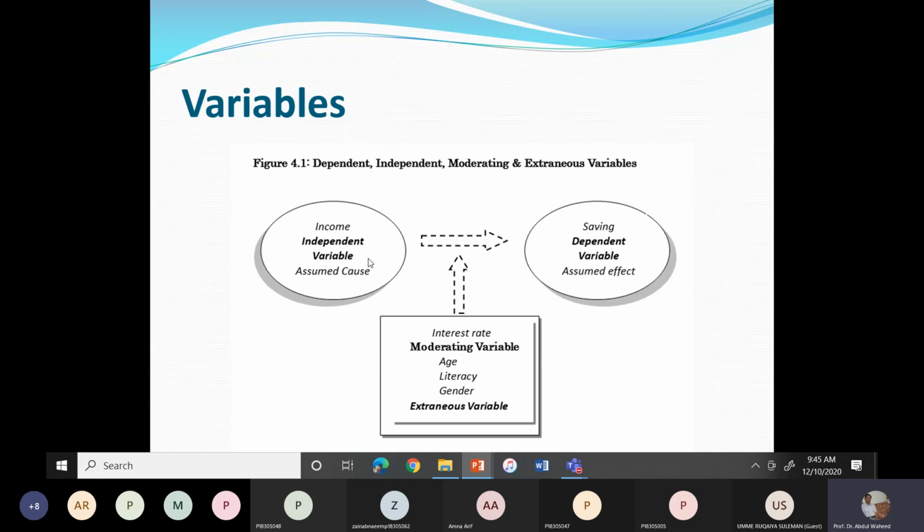So in this cause and effect relationship, interest rate could be considered as a moderating variable. Okay, and then we have some other variables that affect saving other than income and interest rate. So age could be a variable that affects saving. Literacy could be a variable that affects saving. Gender could be a variable that affects saving. So these are extraneous variables.